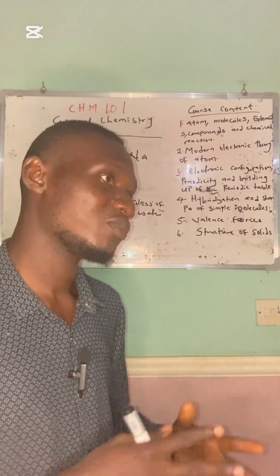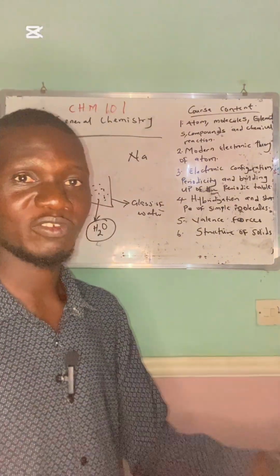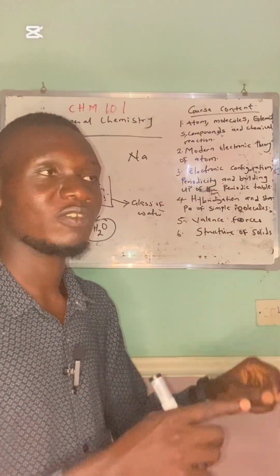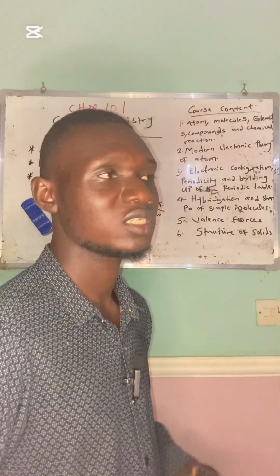That is, the physical and chemical properties of elements are periodic functions of their atomic number. And atomic number is informed by the number of electrons in an atom.